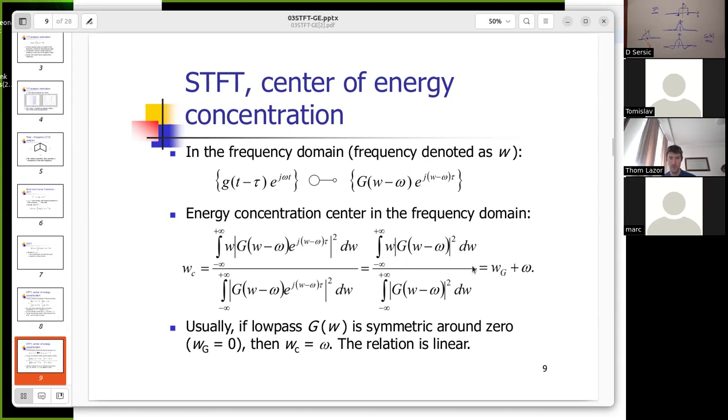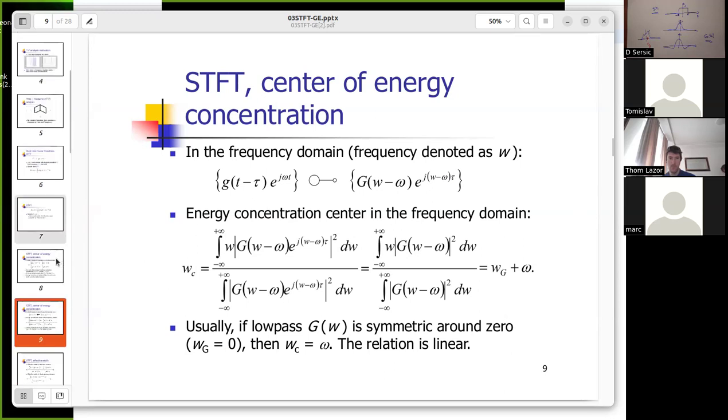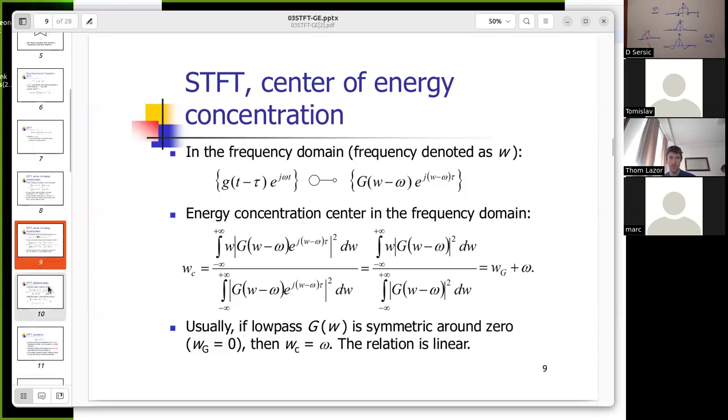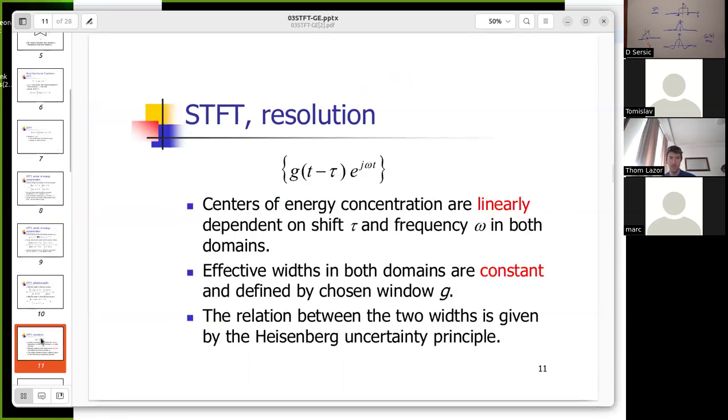But if not, then you have some number right here, and still you have a linear relation between omega in the time domain and the center of the frequency in the frequency domain. So both relations are pretty much similar, and we can collect them together and say that our energy concentration centers are linearly dependent either on shift or on frequency in both domains.